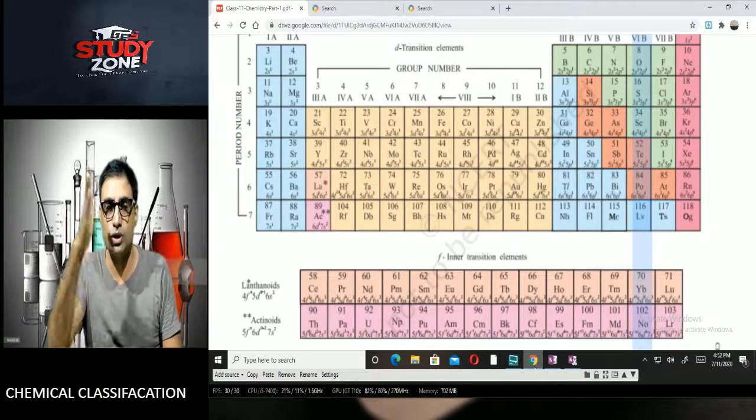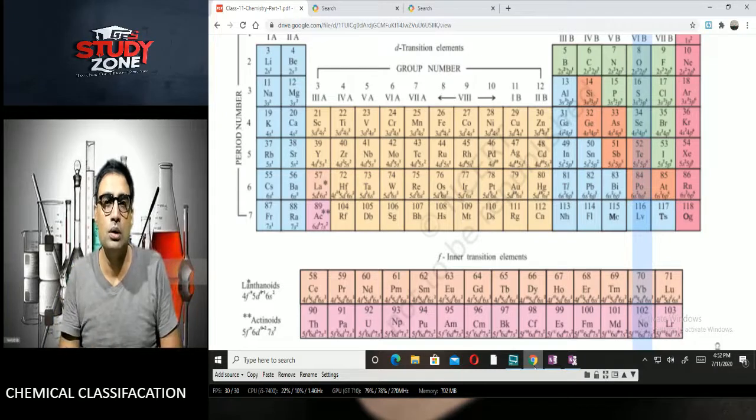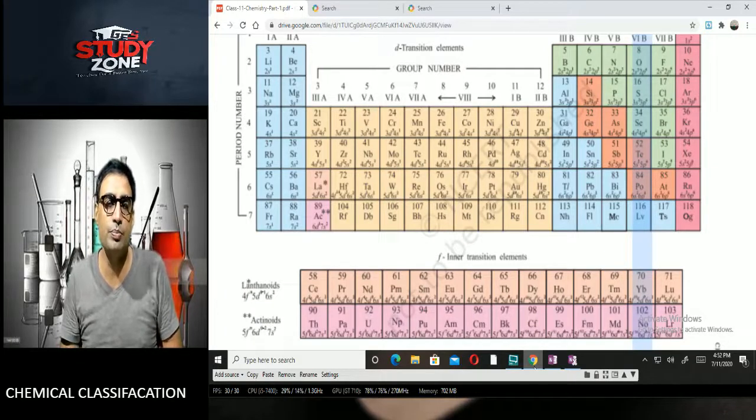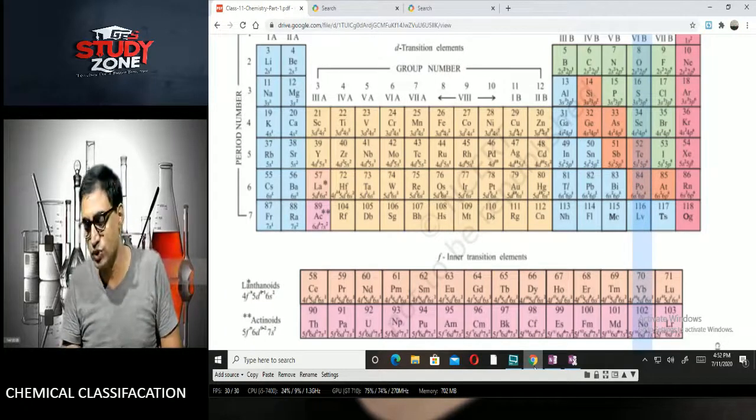You'll see these vertical columns are groups and 7 horizontal rows are known as the periods. So you have 18 columns, they are groups, and 7 periods. So the modern periodic table is divided into 18 groups and 7 periods.